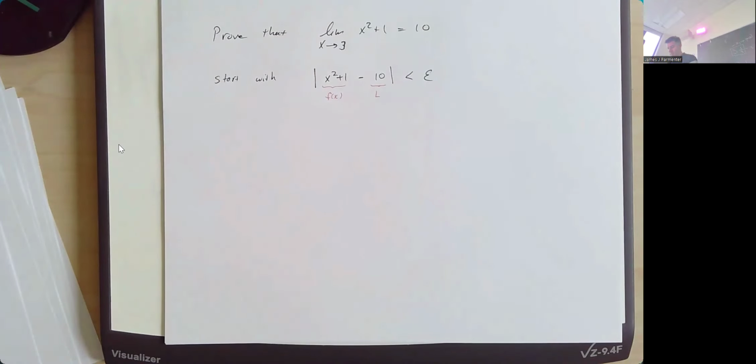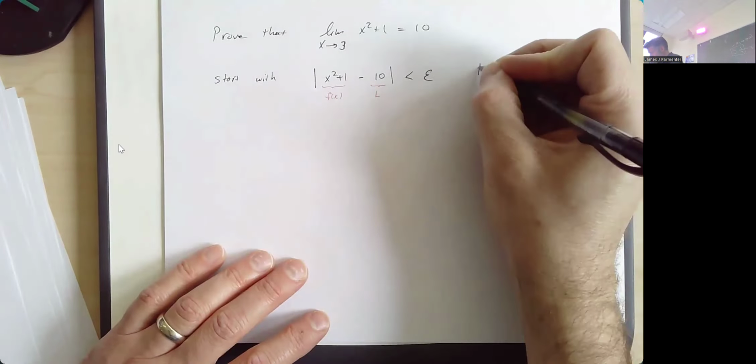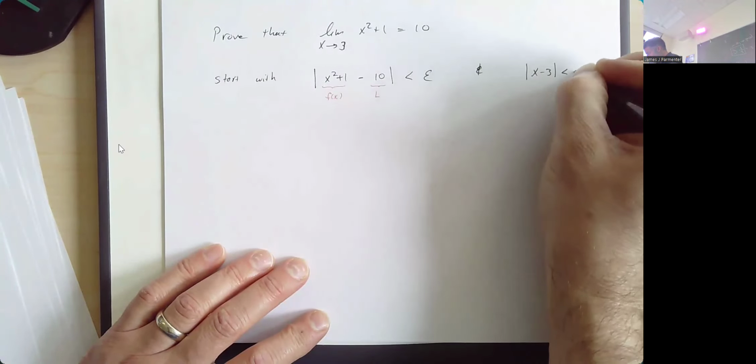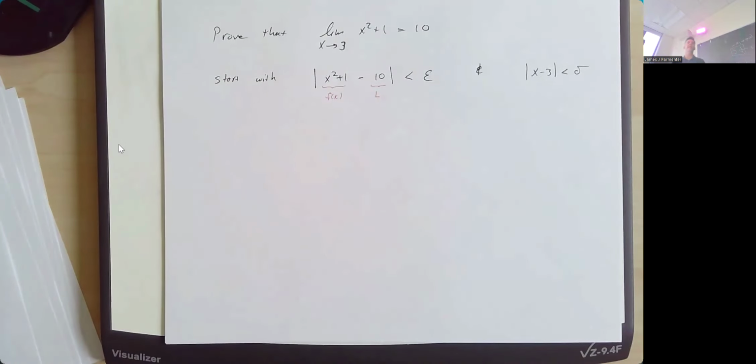And I also want the absolute value of x minus 3 to be less than delta. The idea is that we're going to work with both of these compound inequalities until we can get to isolating x. And then we're going to set the things that are between equal to each other and see what we need delta to be in terms of epsilon.